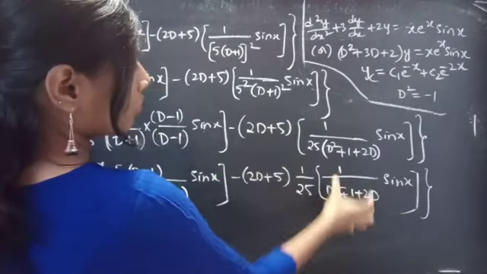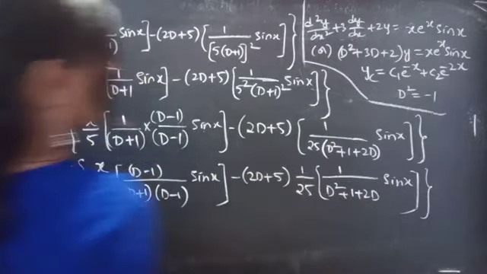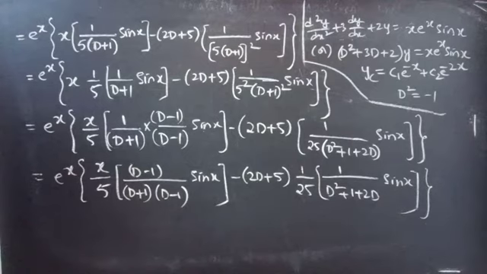See, this is all of the form 1 by some function of d into sin x, right? Again, we'll replace d square with minus 1 in the next step.